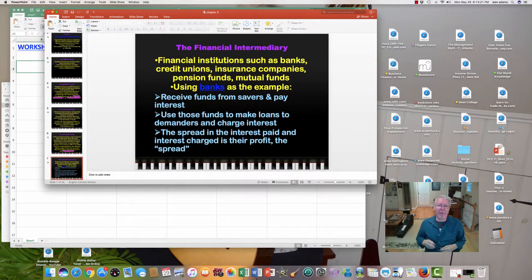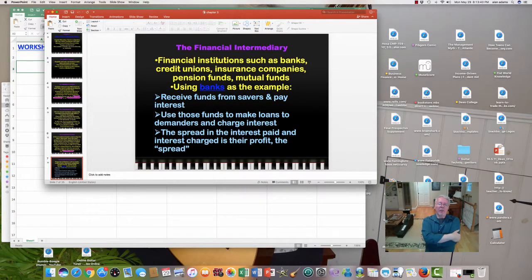Okay, here's the second type of indirect transfer person, the financial intermediary, and you've all dealt with them right along. It simply means banks, credit unions, mutual funds, okay? Any financial institution where some people deposit money as they save it, and other people can draw it out as they need it.